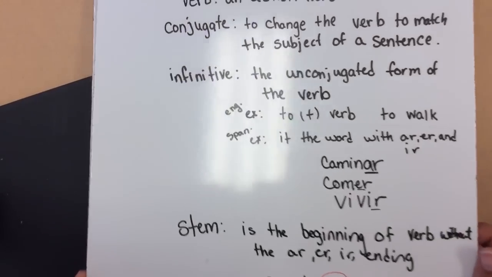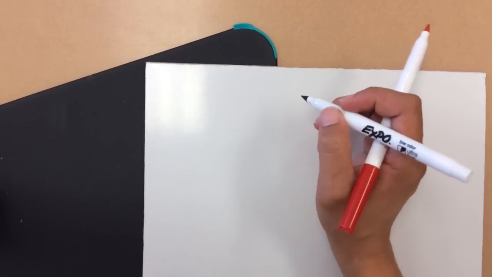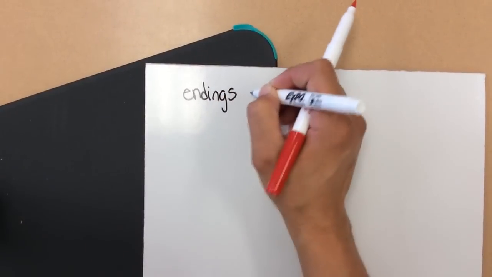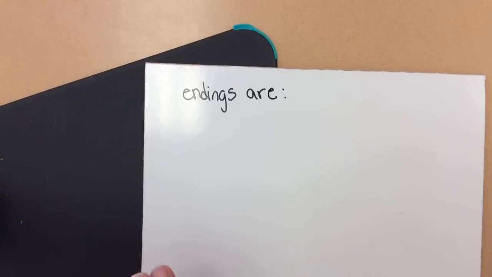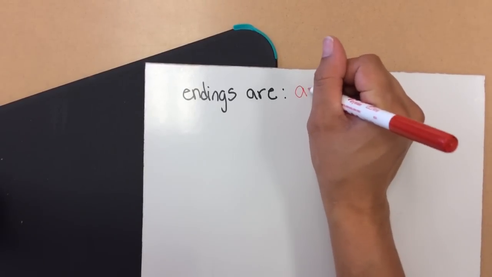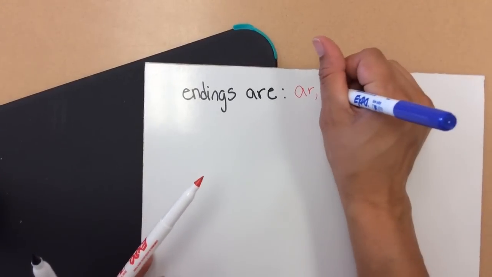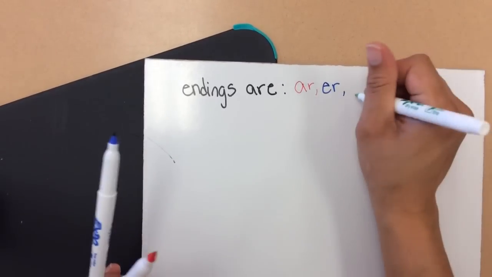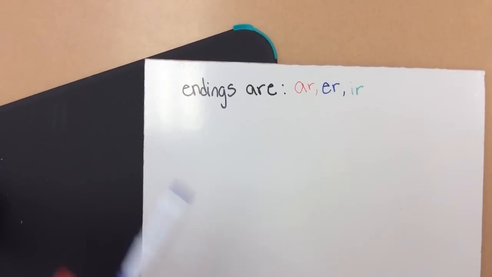Okay? So let's look at the endings. There are 3 endings in Spanish, and they are AR, ER, and IR. Those are your 3 basic endings in Spanish. Okay?